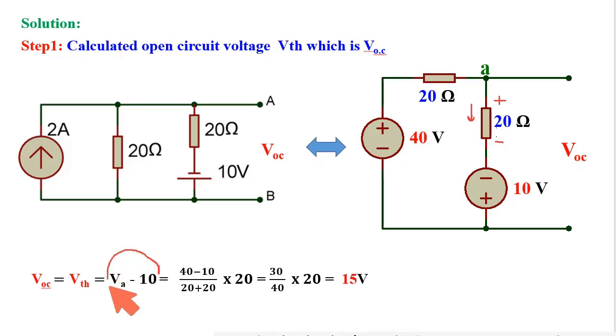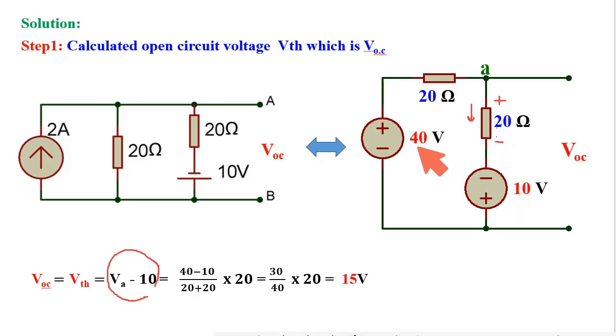So to get the potential drop across this 20 ohm resistance, I need to calculate the current through this 20 ohm. This current will flow because of this 10 volt and 40 volt. These two sources are in this loop, and the resistances are 20 and 20. So the current will be the combination of these two voltages. This is plus 40 volt, this is minus 10 volt.